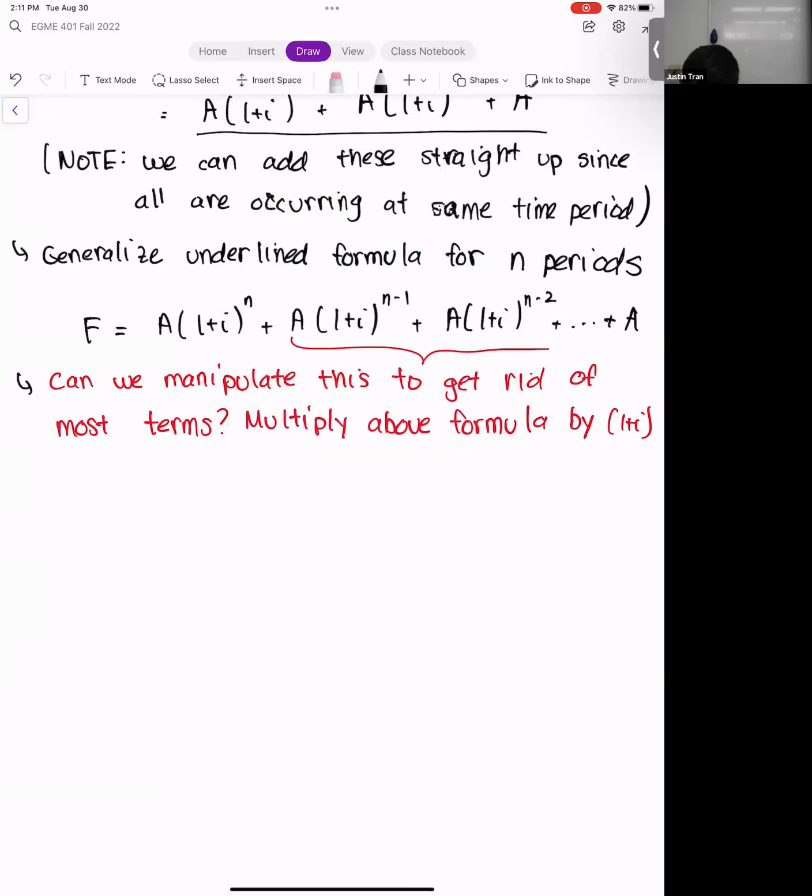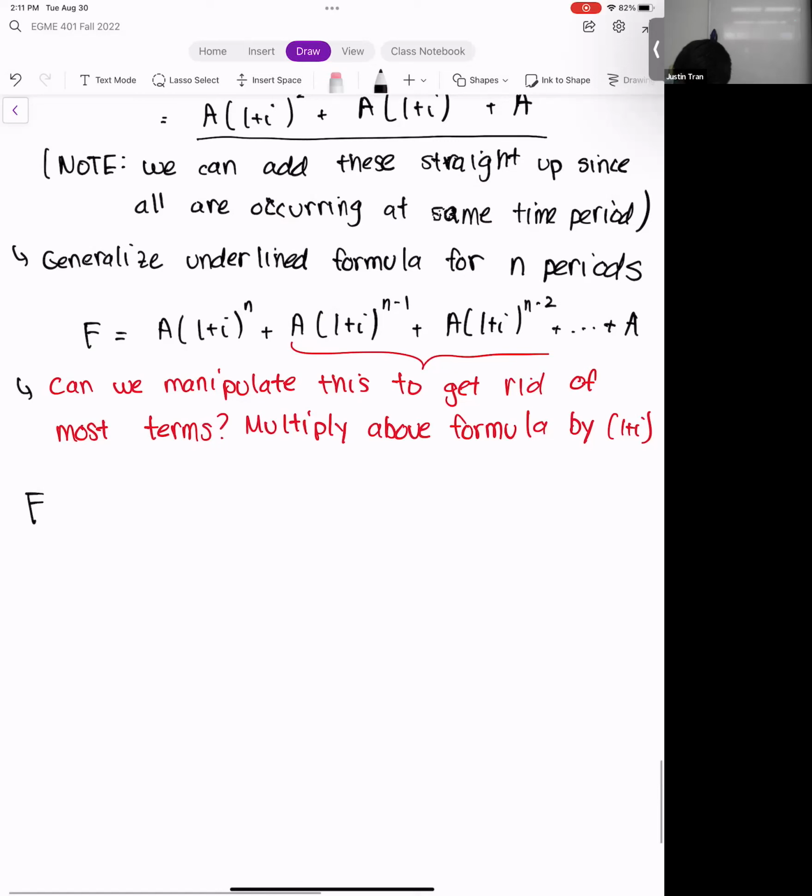I'm going to write out the exact same formula, but I'm going to multiply both the left and the right-hand side by 1 plus I. So you have F is equal to A times 1 plus I to the N. I'm sorry, I kind of messed up a little bit.